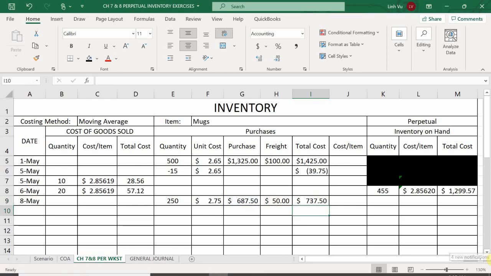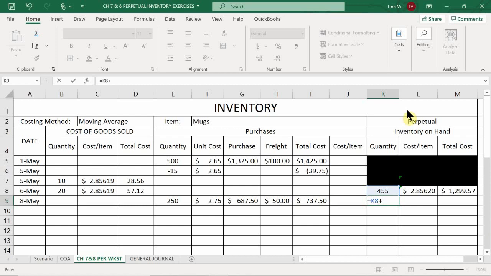Okay? Because now we have a new quantity, right? I no longer have 455 units left. I increased it by 250.